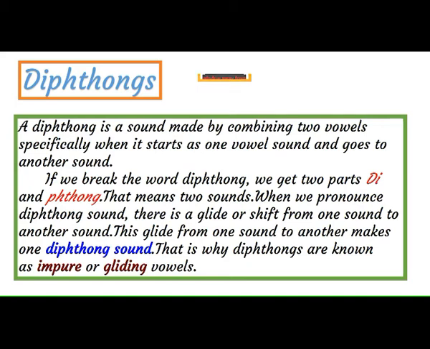This glide from one sound to another makes one diphthong sound. So that's why diphthongs are known as impure or gliding vowels, because they have two vowels.